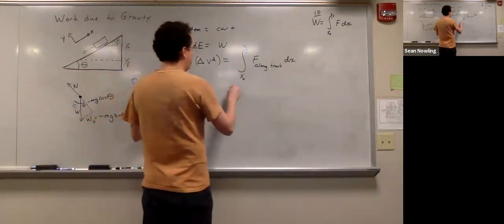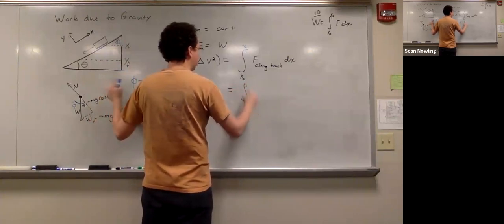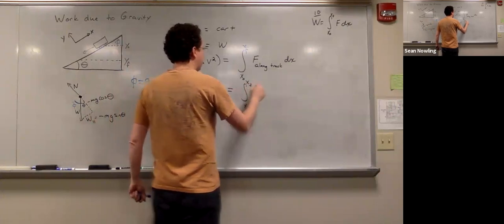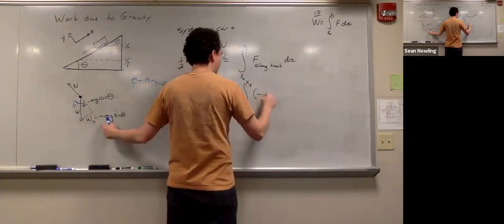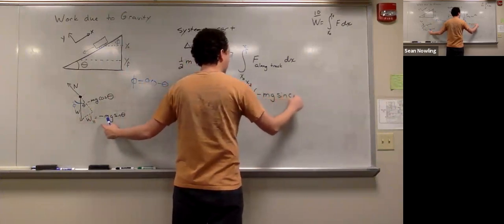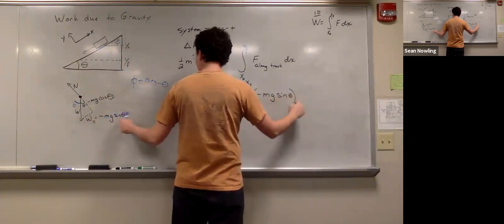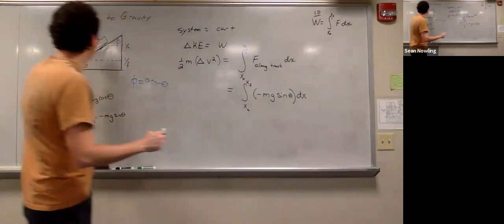So that would simply be the integral from x initial to x final of minus mg sine of theta times dx, where x runs along the ramp.